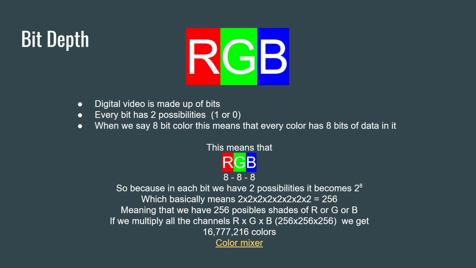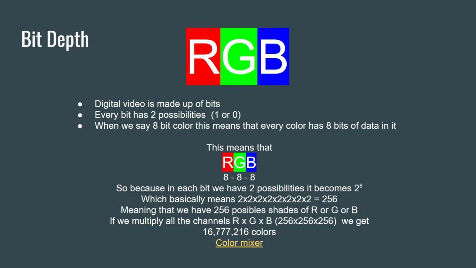When we say 8-bit color, this means that every color has 8 bits of data in it. This means that 8 red bits, 8 green bits, 8 blue bits. So because in each bit we have 2 possibilities, it becomes 2 to the power 8, which basically means 2 times 2 times 2 times 2 times 2 times 2 times 2 times 2. Basically, it's 2 times itself 8 times, which will give us 256 possible color shades in each channel.